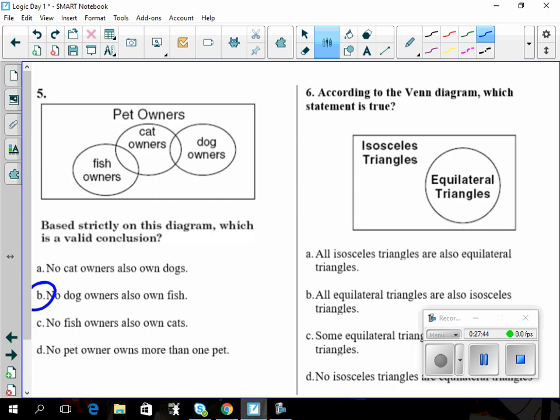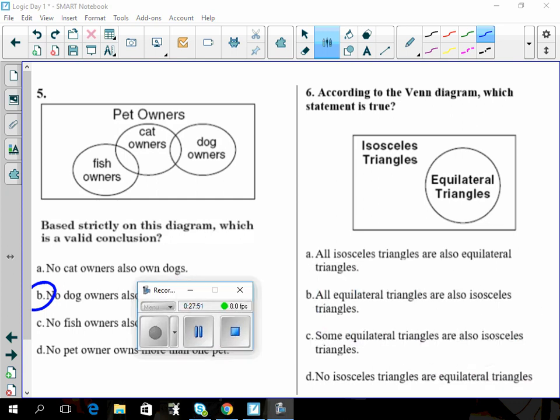So if we took out that hat, they would be separate circles. Okay. How about number 6? What do you think? B. I got B as in bullet. Okay. The word all, equilateral triangles, has to be the inside circle, right? So when one is inside the other, that's the word all.